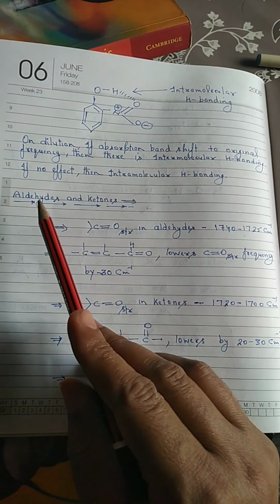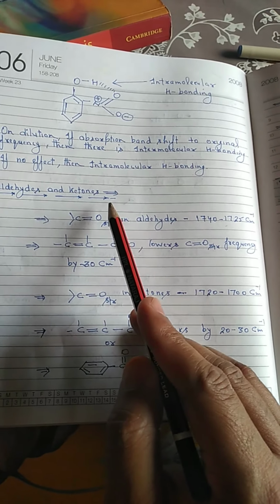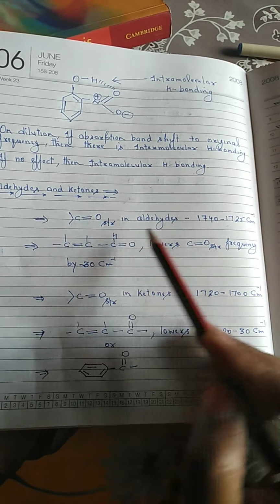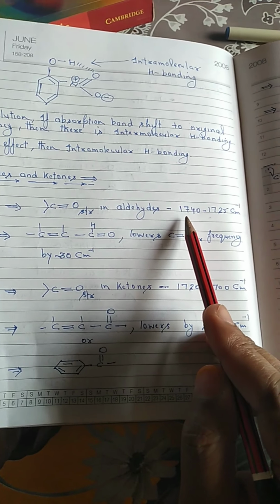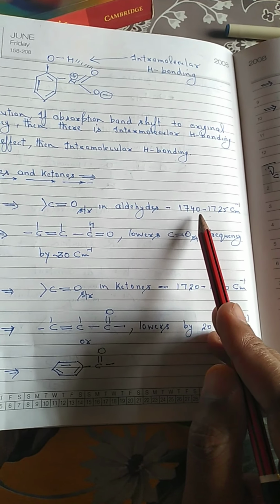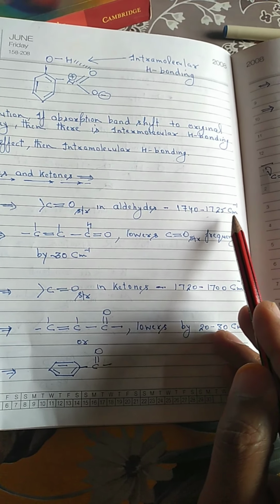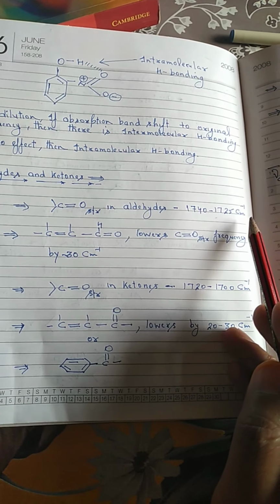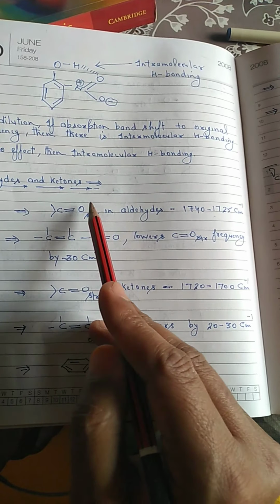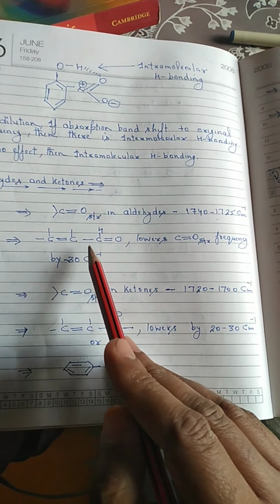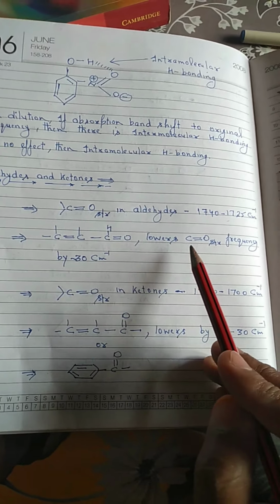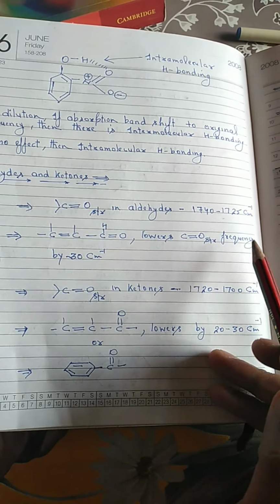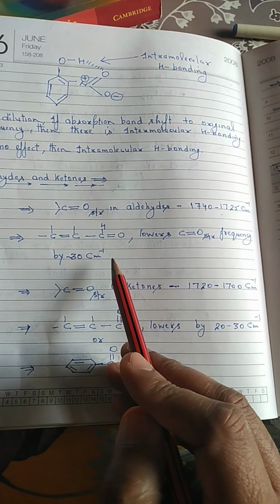Now the aldehydes and ketones. In aldehydes and ketones, the carbonyl stretching frequency occurs in aldehydes from 1740 to 1725 centimeter inverse. When the CO group is in conjugation with a carbon-carbon double bond, the carbonyl stretching frequency is lowered by 30 centimeter inverse.